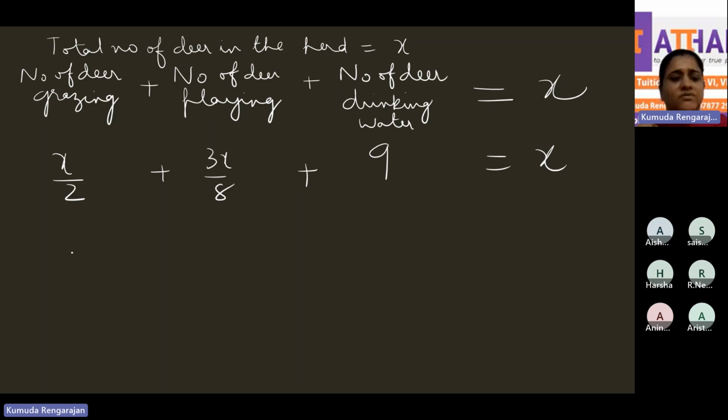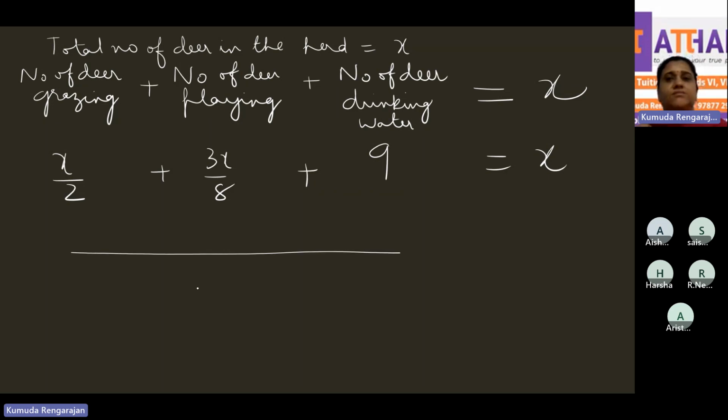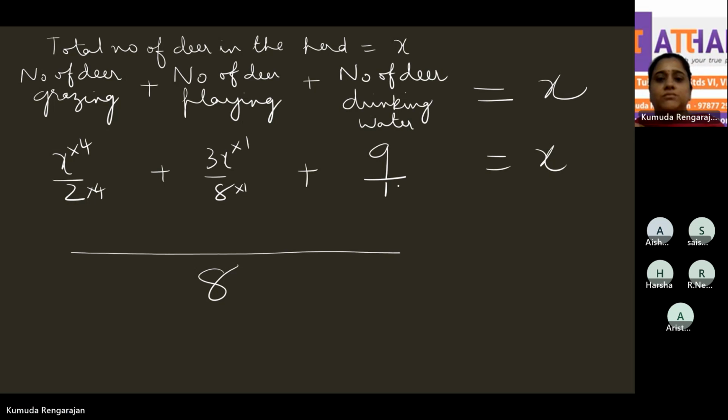I'm just going to take the LCM straight away. 8 is the common denominator. 2 into how much is 8? 4. So multiply that here. 8 into how much is 8? 1.